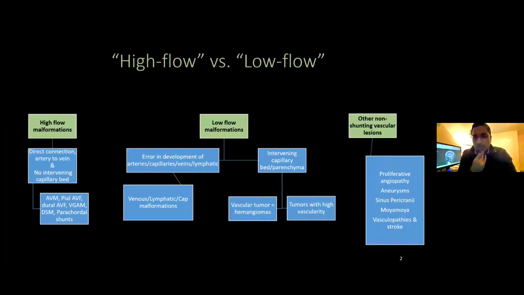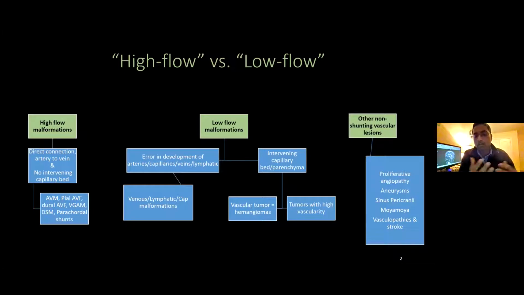So this is an overall look. If you look at all pediatric neurovascular diseases, you can generally divide them into these big categories. So the high flow malformations, which is essentially an artery connecting to a vein, and you have no intervening parenchyma or bed in between. And then you have the low flow malformations, which are basically errors in the development of capillaries, arteries, or veins.